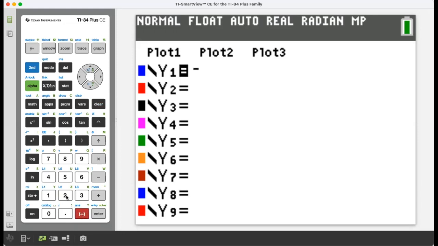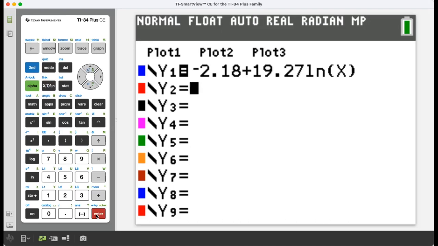So it's negative 2.18 plus 19.27. And again, we don't need to use multiplication here. It's implied: ln of x. Multiplication is implied between the 19.27 and the ln x, so you do not need to put the multiplication there.